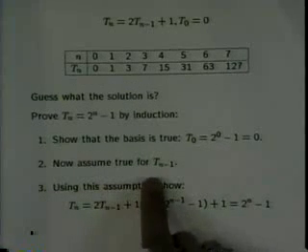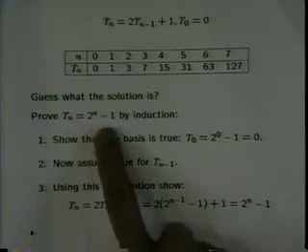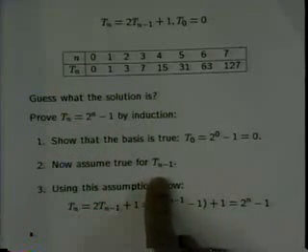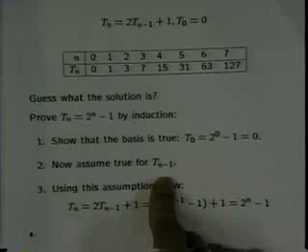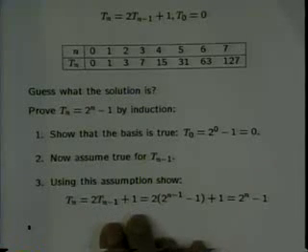Then comes the magic. We assume that for all numbers in between, this formula holds, meaning t sub n minus 1 is going to be 2 to the n minus 1 minus 1. Now we use that assumption by plugging it back into our formula. So what is 2 times t of n minus 1 plus 1?